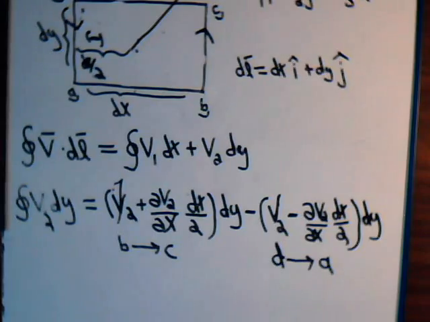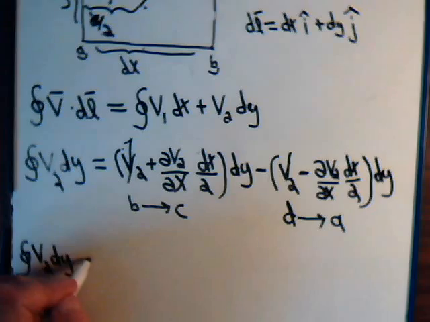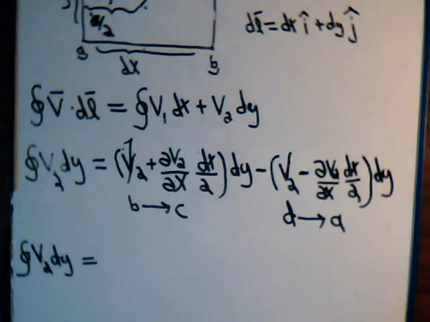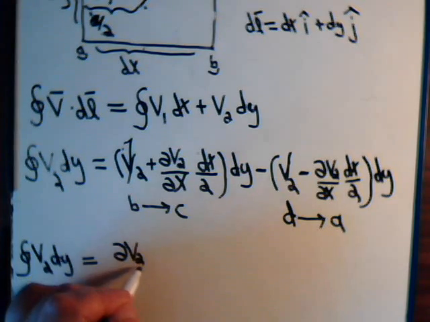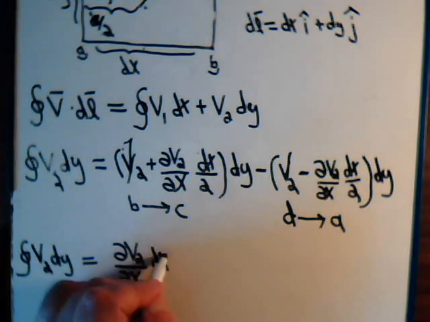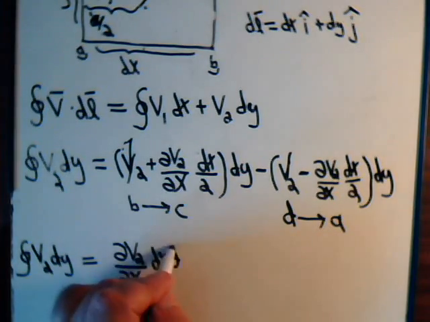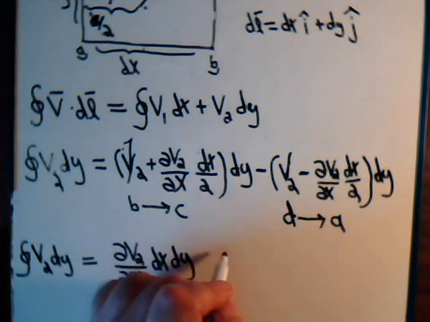Minus minus, this becomes plus, so we have that v2 dy will equal the partial of v2 with respect to x, now it becomes this dx times dy. Now remember what we just derived a few moments ago when we had this.